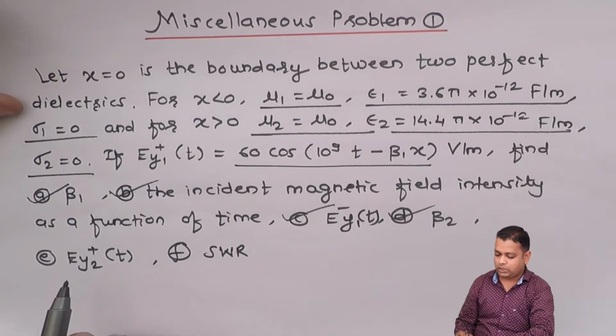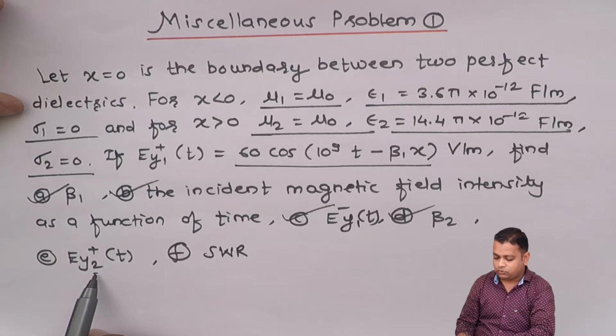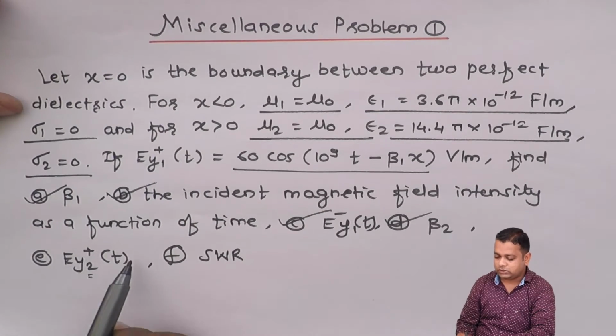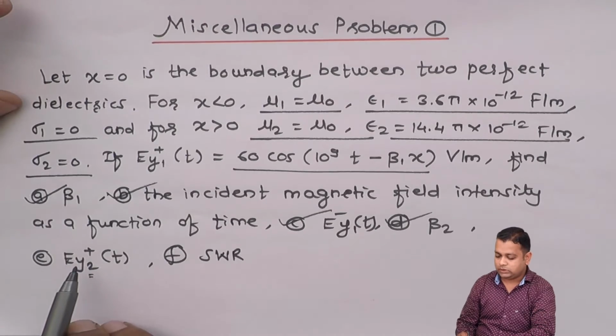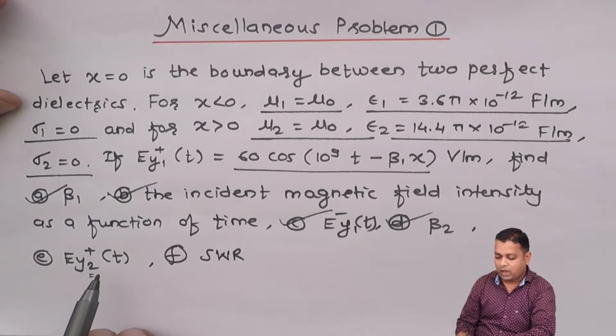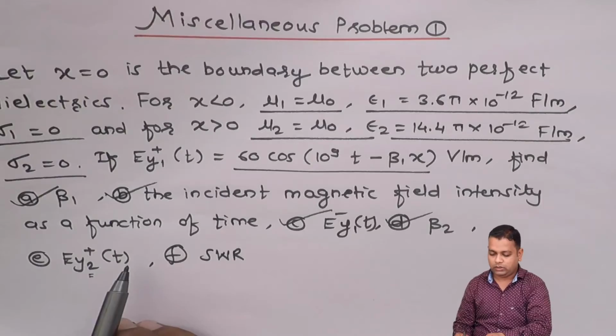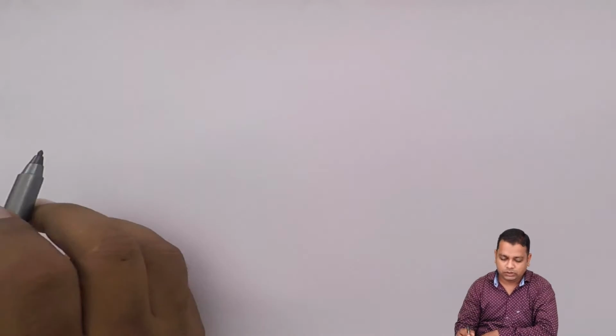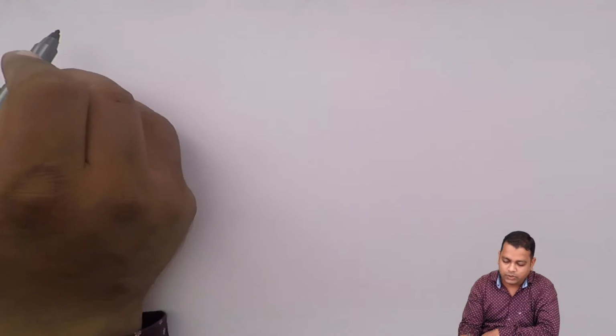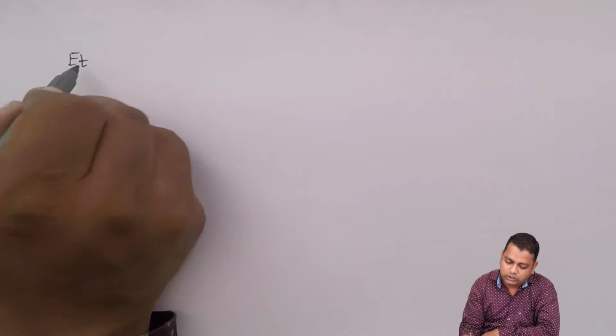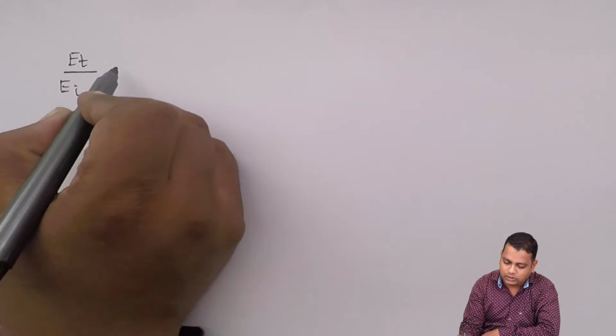For part E, we have medium 2, so the suffix is 2, region 2, and the plus sign. This is the transmitted wave. We require the transmitted electric wave as a function of time. For that purpose, we take the help of the transmission coefficient. The transmission coefficient is the ratio ET divided by EI in general.